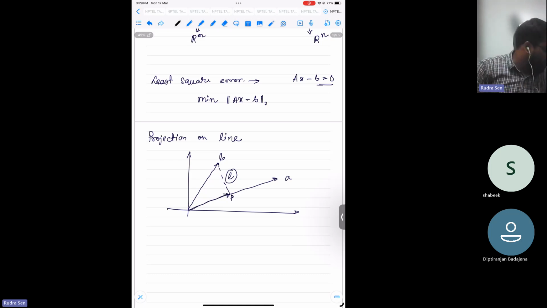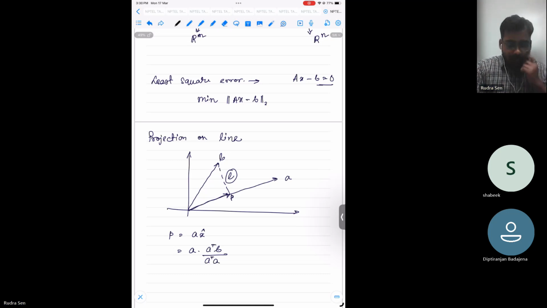So what was the actual formula for that? The small p is basically A times x, so definitely A times A transpose b divided by A transpose A. So that means this was our projection matrix, right?